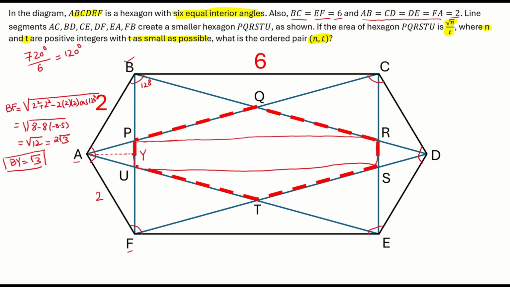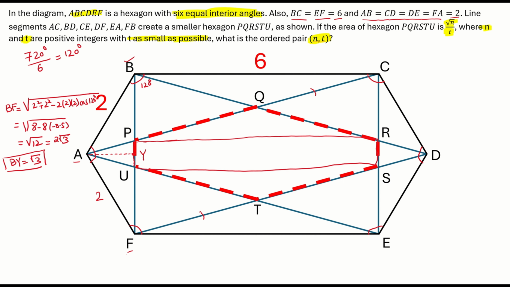Now one other thing, if you look, I have these diagonals from A to C, and this is identical to my diagonal from F to D here. And I can use the similar triangle principle here.